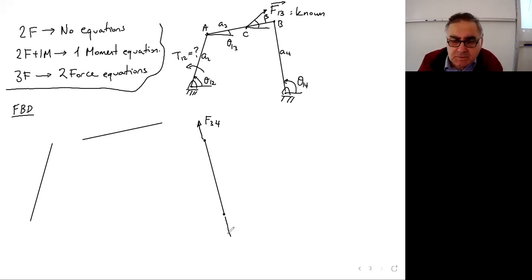If it's outwards, this has to be outwards as well. This is G14, right? F34 is in the following direction. Well, we kind of know the directions because the angle is known. This is theta 14.